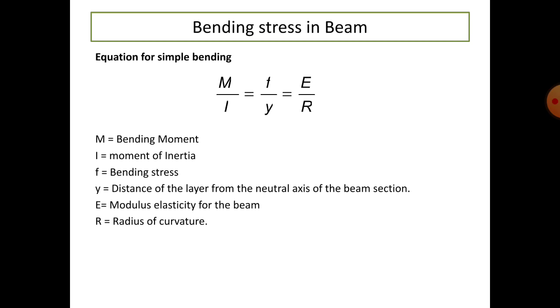M is nothing but the bending moment, and it can be equal to the moment of resistance. Because the maximum bending moment which the beam can bear is the maximum resistance that the beam can apply. So it will be equal in some of the cases when we are solving the problems.